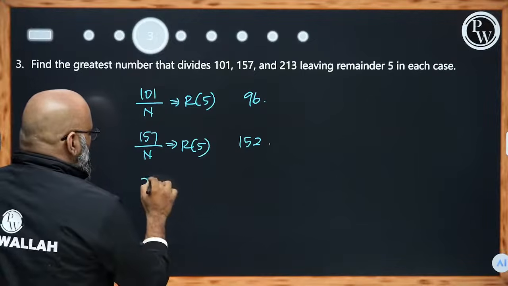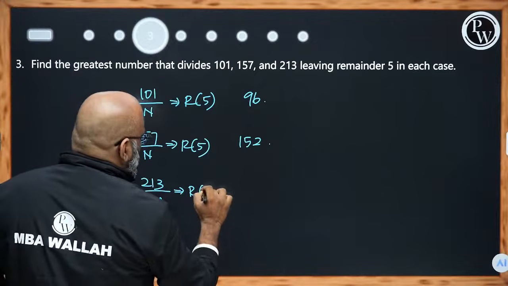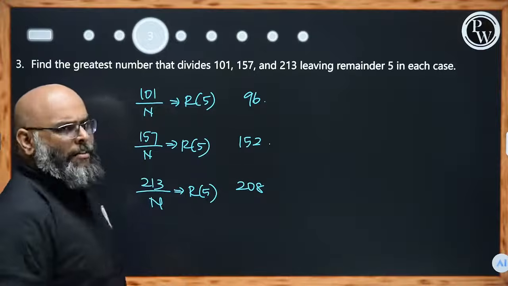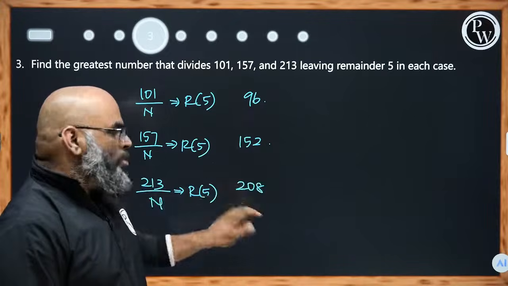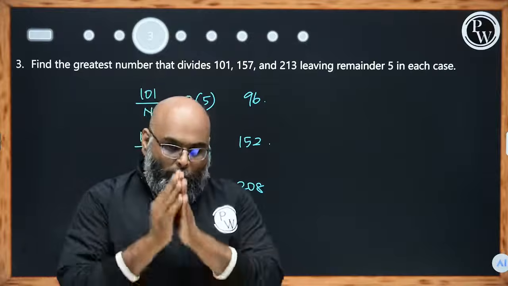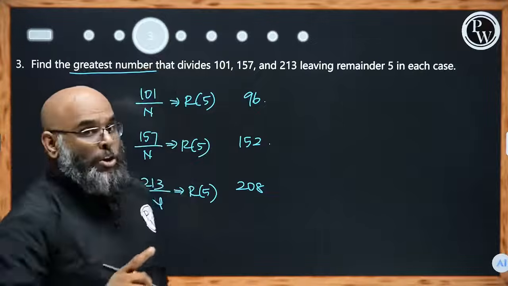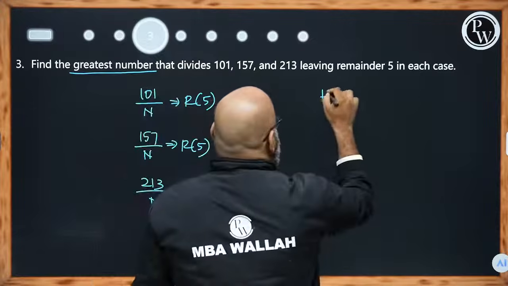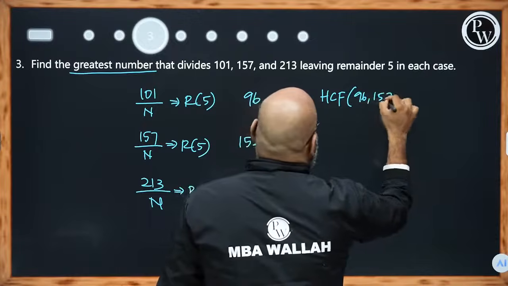Similarly, 213 by n, I get a remainder of 5 again, which means 208 is perfectly divisible. Or I can say 96, 152, 208 is divisible by one large number, and I'm looking at the greatest possible such number which will do that. Or in simple words, we are looking at HCF of 96, 152, 208.